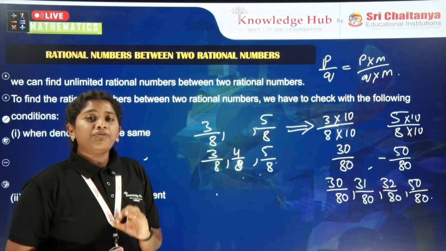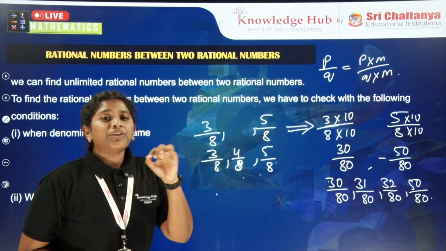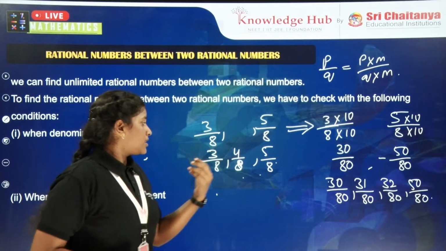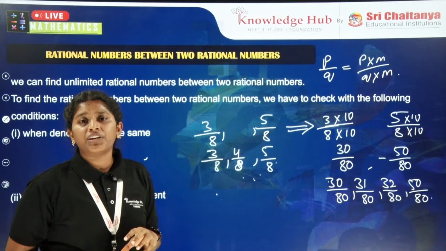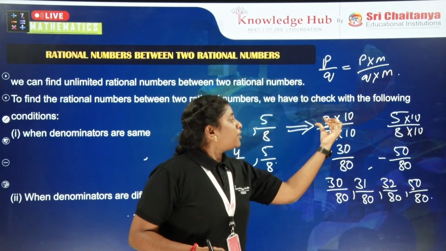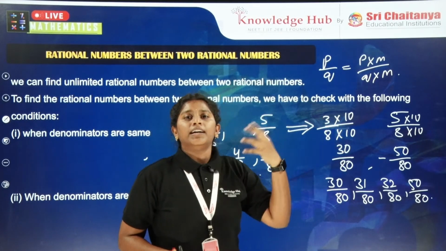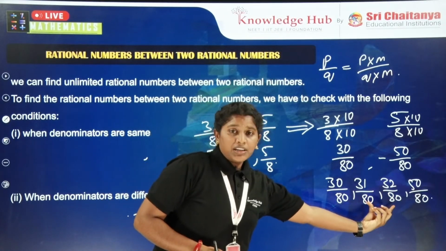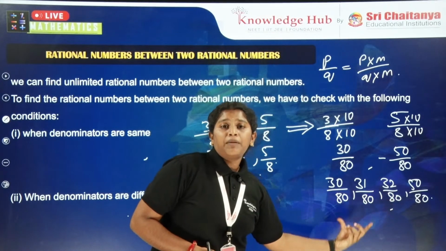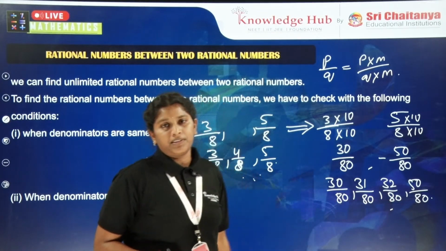And if you are getting the required number of rational numbers between two rational numbers, then we can directly write them. And if we are not having the required number of rational numbers, then you can multiply both numerator and denominator with 10. Okay, so then you can get however many rational numbers you need. You can represent them between the given two rational numbers.